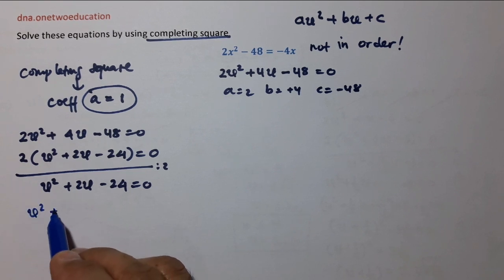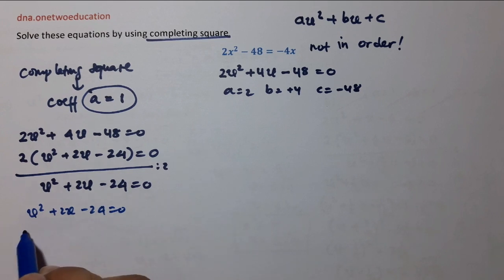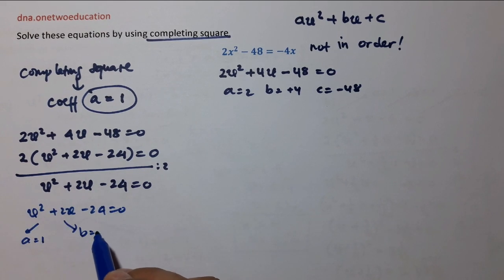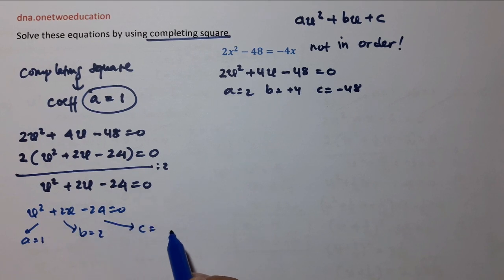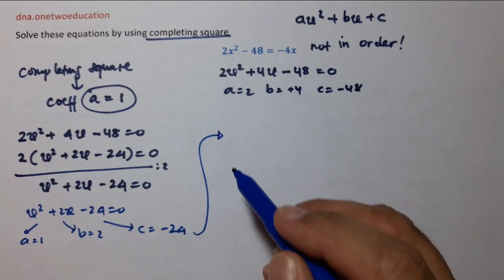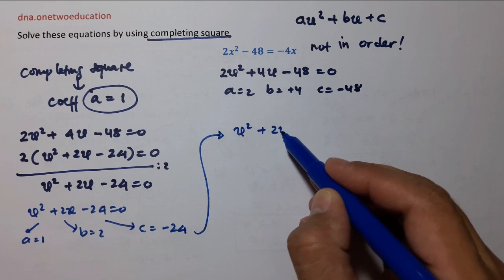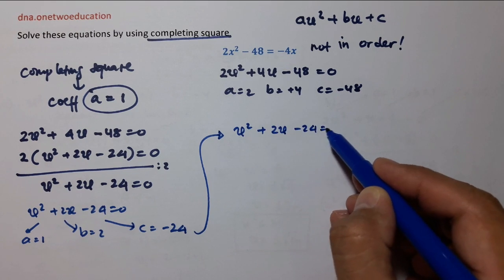x squared plus 2x minus 24 equals 0. So a is 1, b is 2, and c is minus 24, right? Okay, we can continue right here.